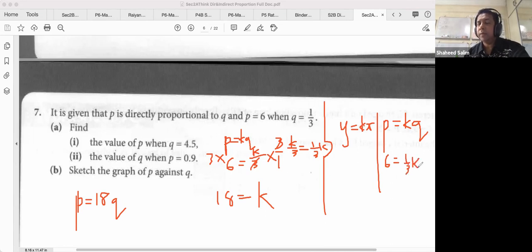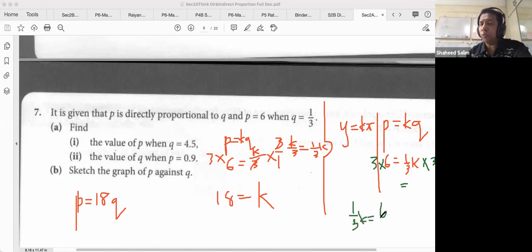Okay. In order to get rid of this 1/3, I can times this one. Do you understand? Multiplying by 3. This one, you get it? Because I want to get rid of this 1/3. See? Or if you do not want that way, never mind, no problem. You can take 1/3 k is equal to 6, right?